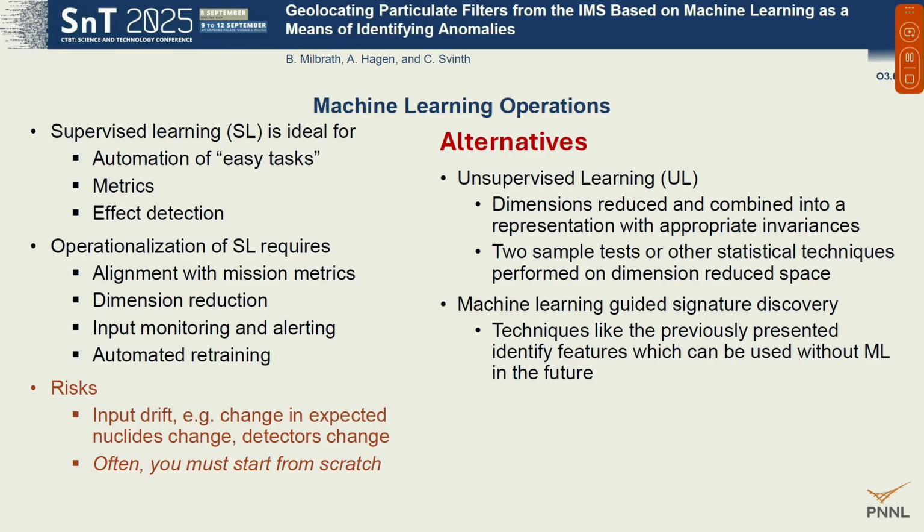And then you can do things like two-sample tests or other statistical techniques on your reduced dimension space to better operationalize your automatic analysis. And of course, in truth, machine learning can also guide signature discovery. We saw some interesting things just in this little study of ours.